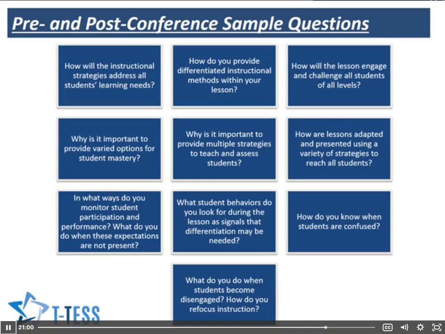Notice how the questions are open-ended and invite thinking and reflection. Beyond pre- and post-conferences, what forums are available for teachers to be reflective about their practices and how they're planning lessons and executing lessons which meet the needs of all students in their classrooms?